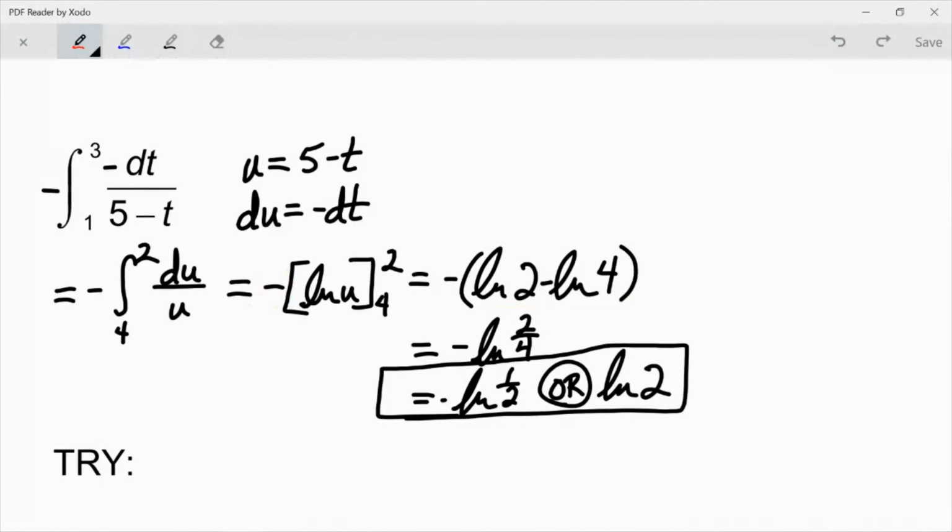So in the end here, this is one form of the answer, negative natural log essentially of 1/2. Or if I want to get an answer that doesn't have a negative in front of the log, I can move the negative up and make it an exponent. 1/2 to the negative 1 is 2. So again, a lot of little number operations with logs will show up when you're solving these questions.